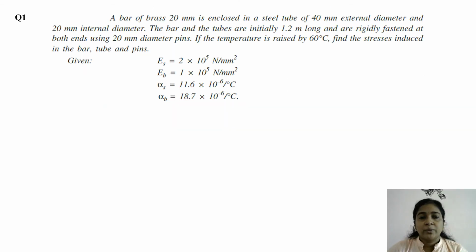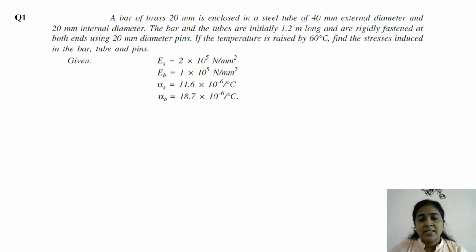Now let us do the problem. A bar of brass 20 mm is enclosed in a steel tube of 40 mm external diameter and 20 mm internal diameter. The bar and tube are initially 1.2 meter long and are rigidly fastened at both ends using 20 mm diameter pins. If the temperature is raised by 60 degrees, find the stresses induced in the bar, tube and pin.